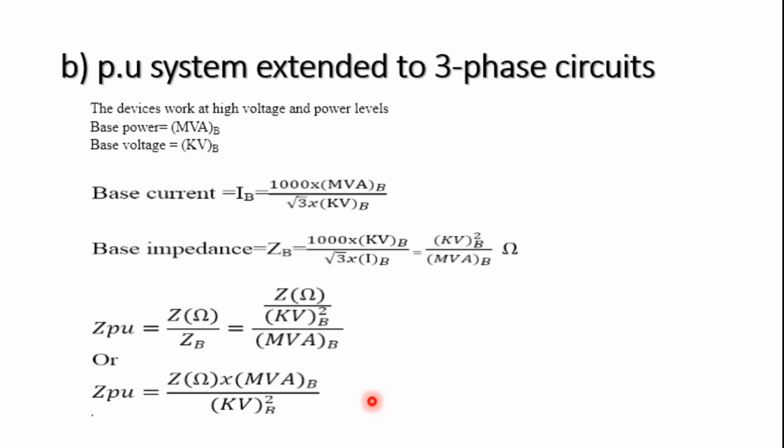This formula is identical whether you apply it to a single phase or a three phase. Hence it can be applied to any circuit, single as well as three-phase circuits.